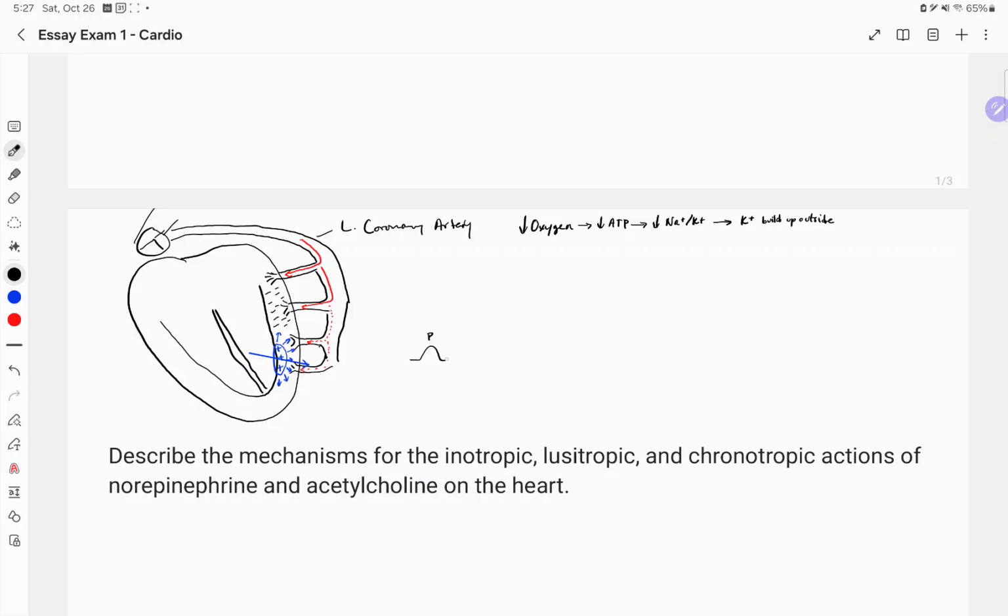And this is for NSTEMI, by the way. And then we're gonna have our Q wave, and we'll have, actually I'm just gonna kind of draw what it should look like, right?